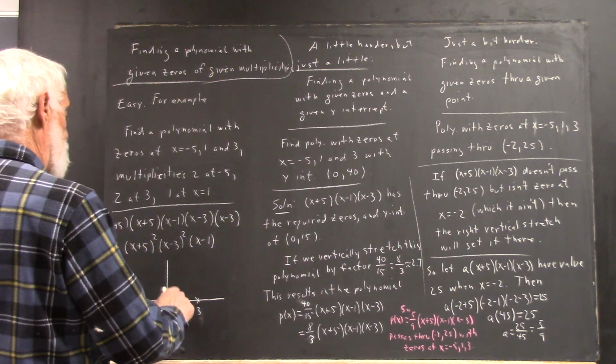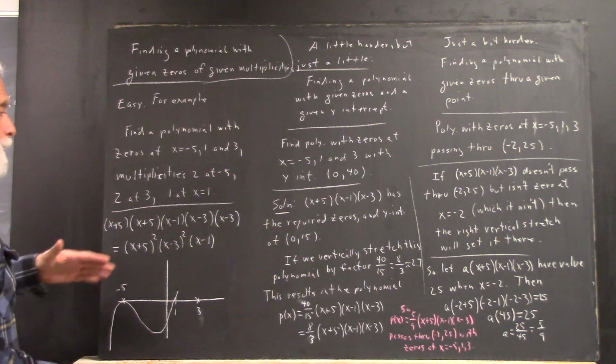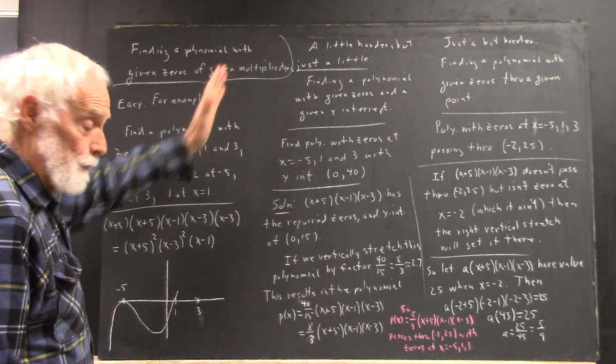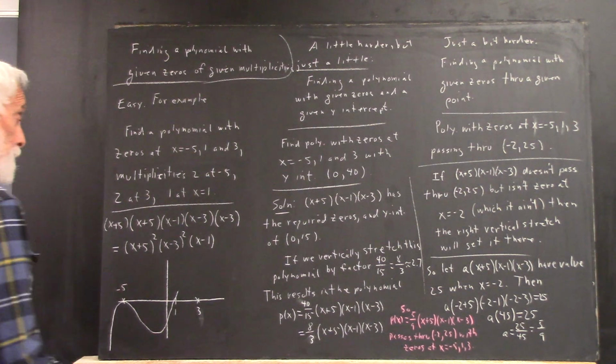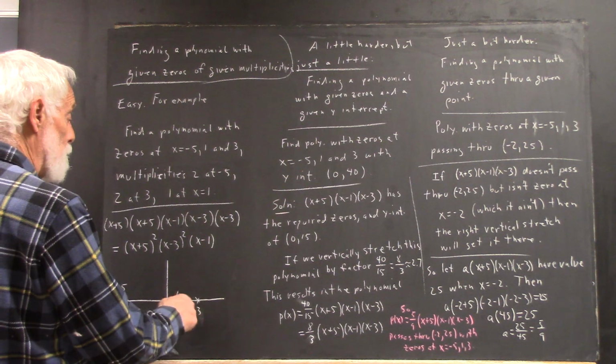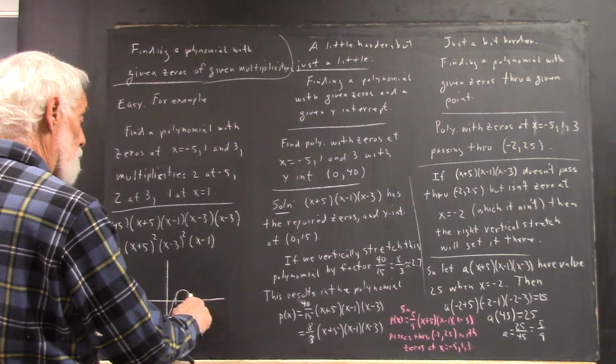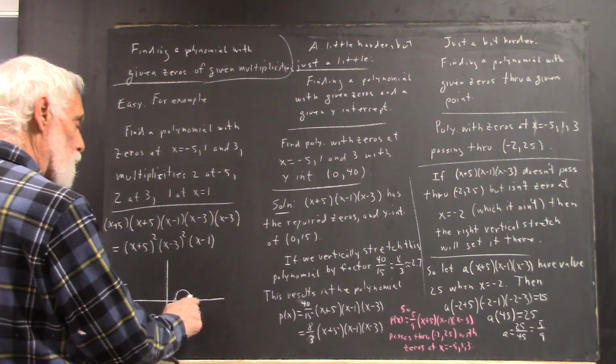And then we have to turn around and come back to 3. And, of course, then we've got to go off in the positive direction. So it's a good thing that we have a multiplicity 2 at 3, or we wouldn't be able to turn around, would we? So we come here, we have a multiplicity 2, another local parabola.